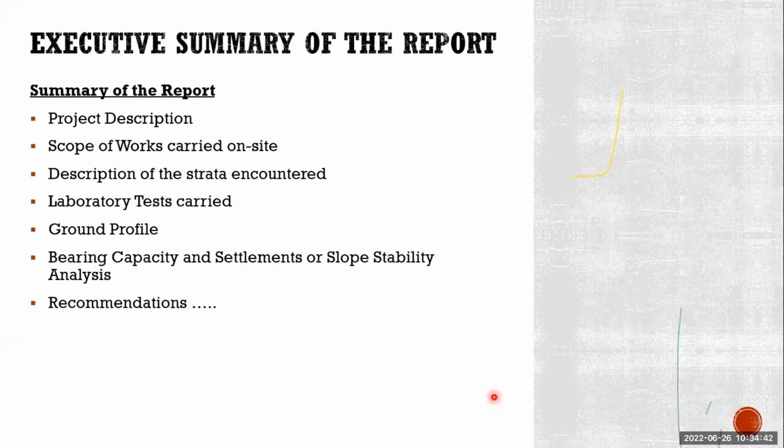Not in detail, just an outline: what the ground profile is, and if we have a bearing capacity and settlements for the footings, or any slope stability and factor of safety, and we can include the recommendations as well. This page is just an outline, a summary of the whole report. Next slide.